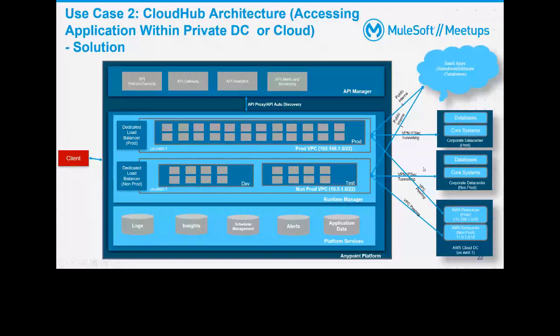That transit gateway will connect to the corporate data center as well as the AWS private cloud. Then I don't need this many arrows. I can have a single arrow from Runtime Manager, where I create a transit gateway attachment between CloudHub and this AWS transit gateway. Here I can simplify the network by making use of the transit gateway, which is responsible for routing requests to the corporate data center or AWS. Those things can be done.